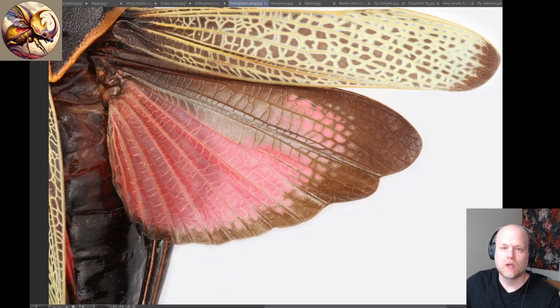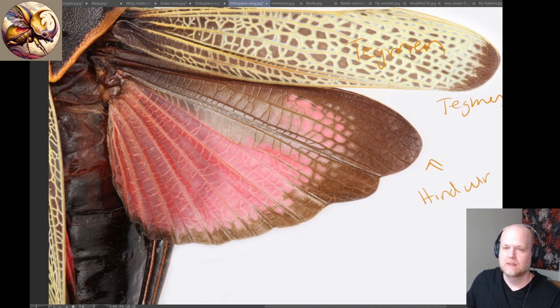But their hind wings are very well developed, and you can see all the cross veins here. So this grasshopper, this is the tegmen, so that you can't really see that well. The top one is the tegmen, and this is the hind wing for flight.